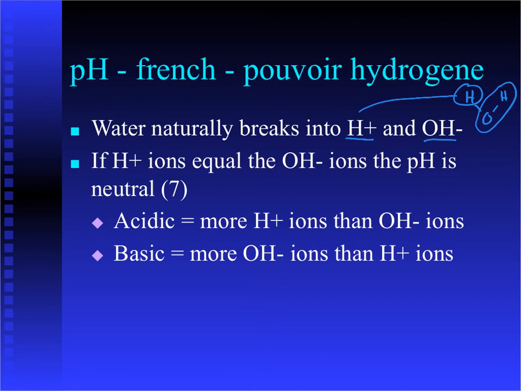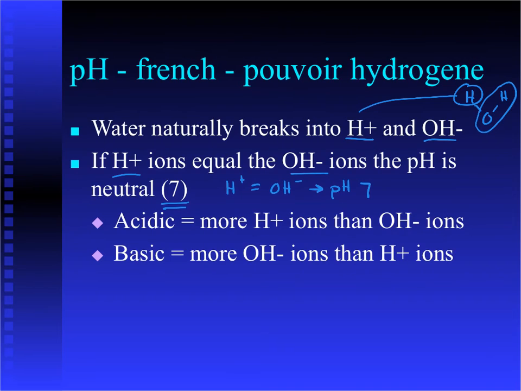So, if water breaks equally into hydrogen ions and hydroxide ions, the pH is neutral, which is 7 on the pH scale. And that means that there's the same number of hydrogens to hydroxides. So anytime you have the same number of hydrogen ions and hydroxide ions, the pH is neutral and it's a pH of 7.